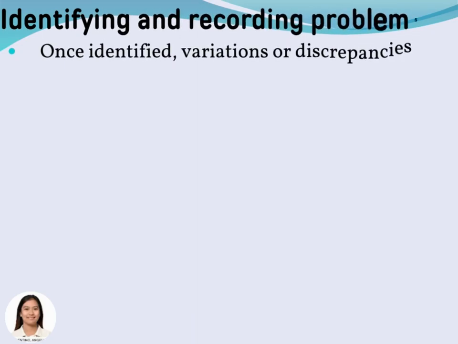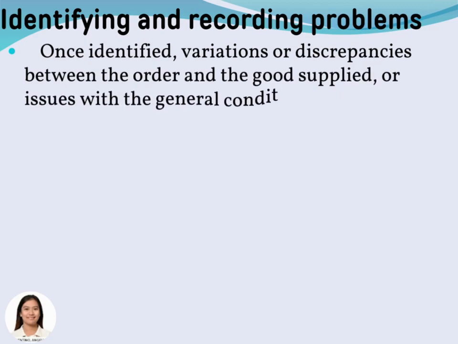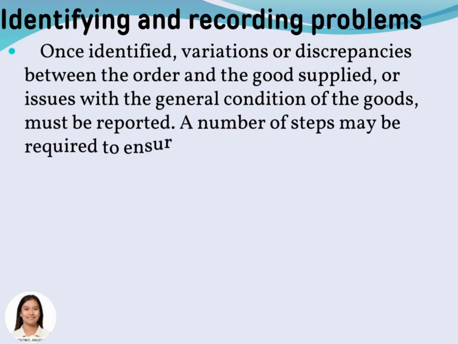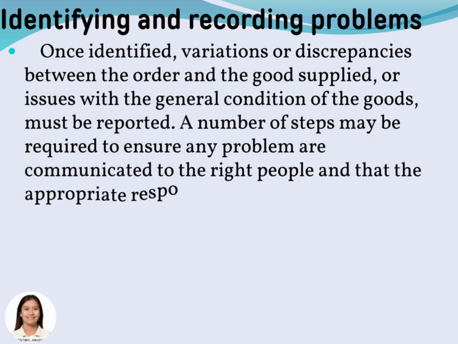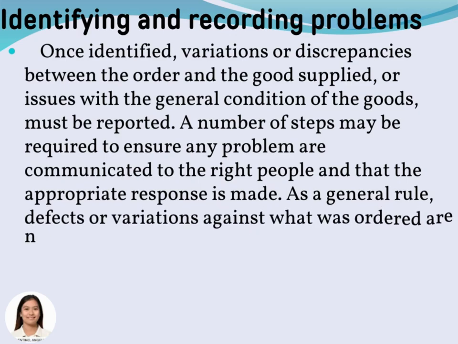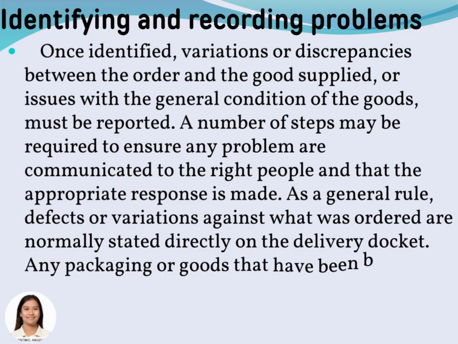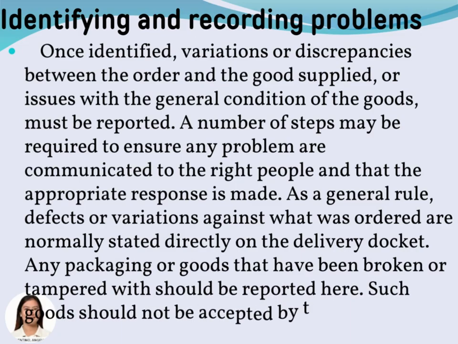Identifying and recording problems. Once identified, variations or discrepancies between the order and the goods supplied, or issues with the general condition of the goods, must be reported. A number of steps may be required to ensure any problems are communicated to the right people and that the appropriate response is made. As a general rule, defects or variations against what was ordered are normally stated directly on the delivery docket.